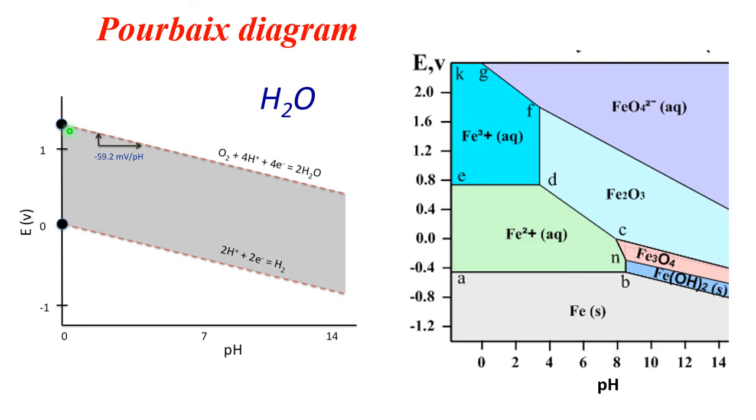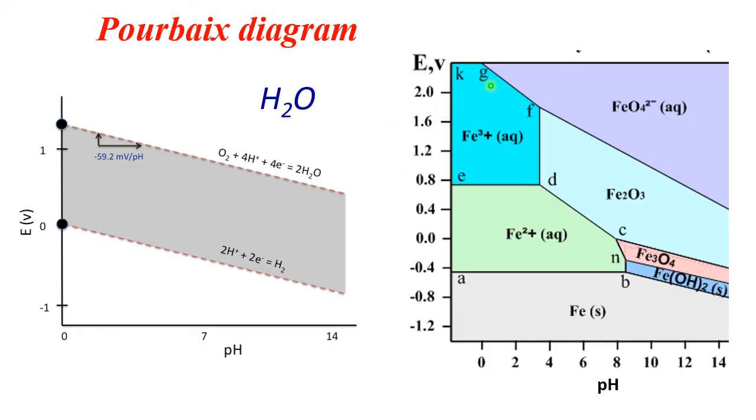If you have an oxidizer stronger than this, water will go into oxygen and make H+. If you have a reducing agent stronger than this potential, hydrogen from water will react with electrons to make hydrogen gas. Of course, you understand that at pH 0, water is not water, but a 1 molar solution of some acid. And at pH 14 is not water again, but a 1 molar solution of some strong base, say sodium hydroxide.